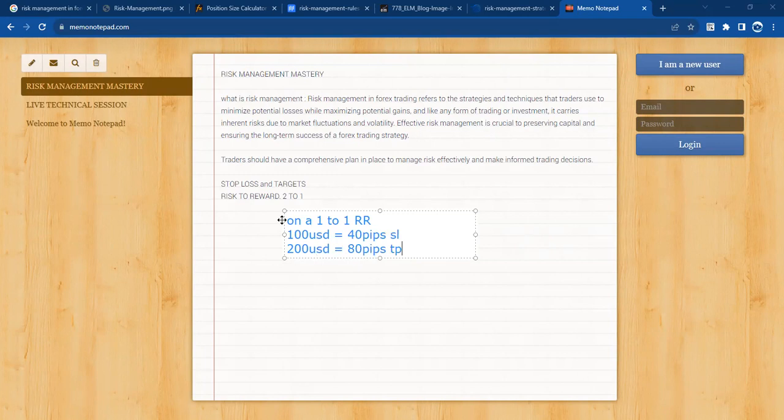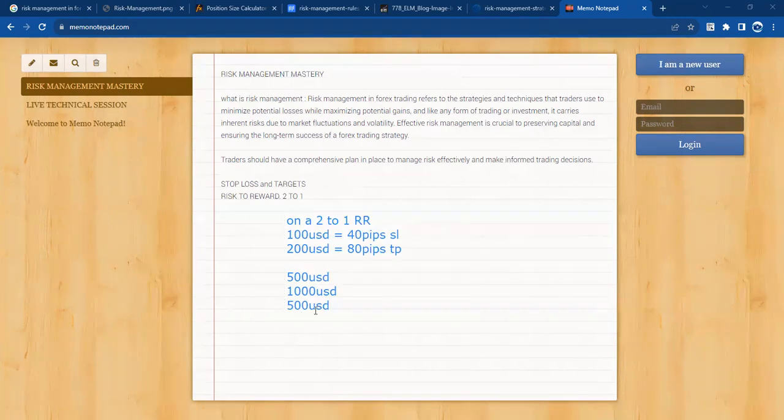So in this case, this is a 2-to-1, right? If you lost 5 trades in a row, that is equal to 500 USD. And if you won 5 trades also, you have 1000 USD. So at the end of the day, you are left with about 500 USD profits.